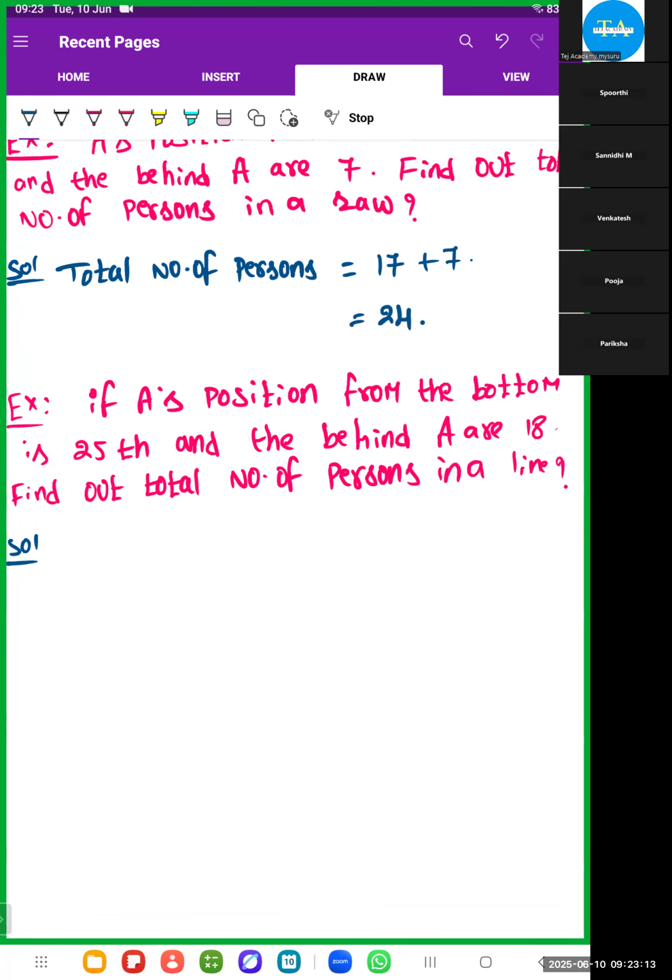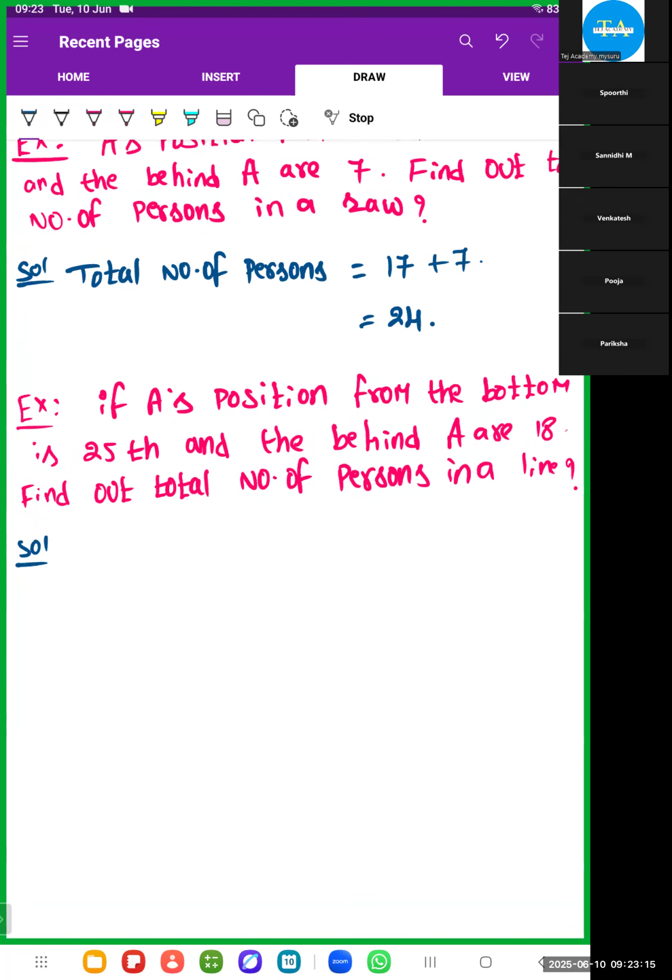So A's position from the bottom is 25th and behind A there are 18. Here they're asking to find out the total number of persons in a line. As you know the formula, the total number of persons is equal to the position from the top or given side, top or bottom, plus the given difference.